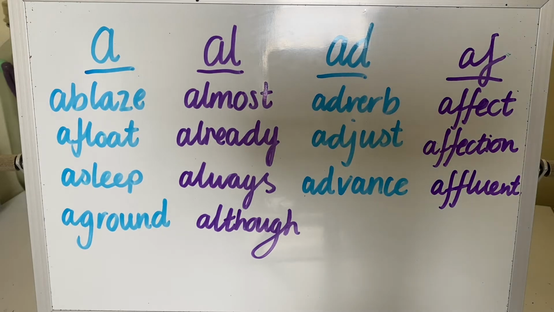On to the next mini list, we have almost, already, always, although, with the al prefix. The next mini list, we have ad prefixes, so adverb, adjust, advance. And the af prefix, we have affect, affection, affluent. So those are the keywords that you are working on for this week.